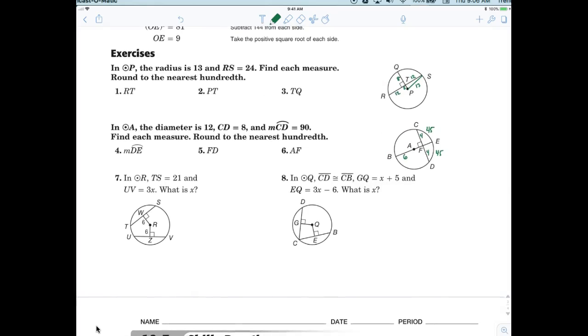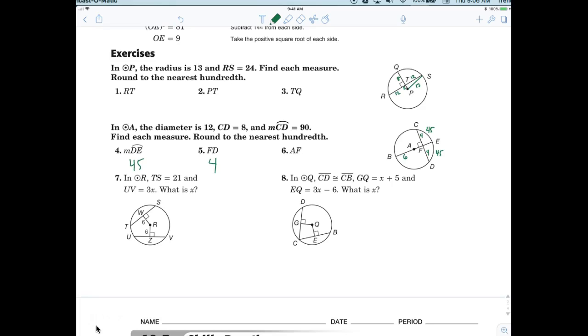So now they want to find DE. Arc DE we already said was 45. Now I want FD. We said was what? 6. Wait a minute, I think it's 4.